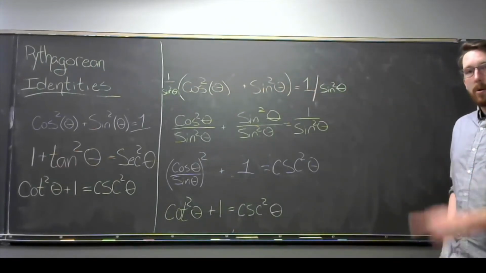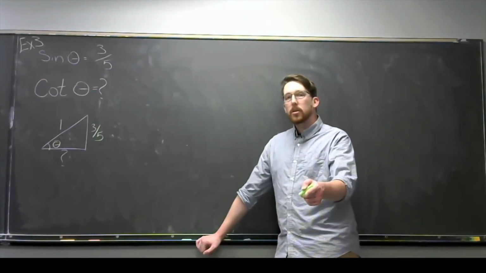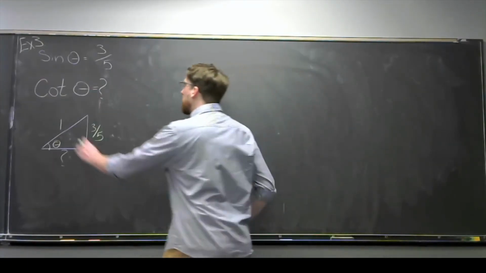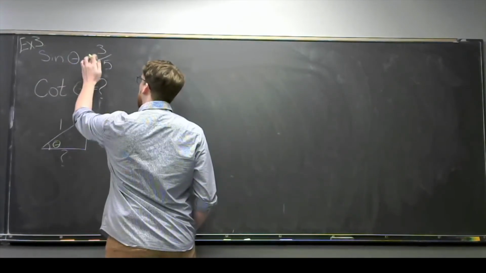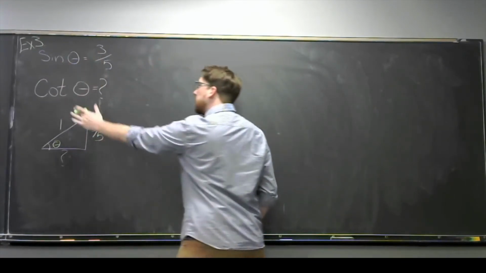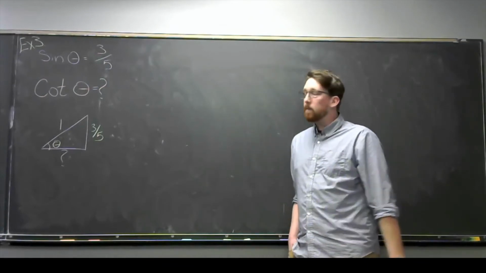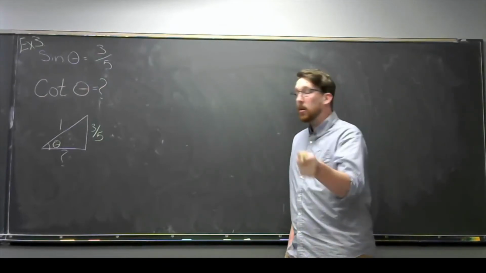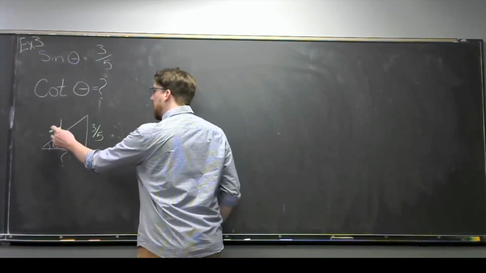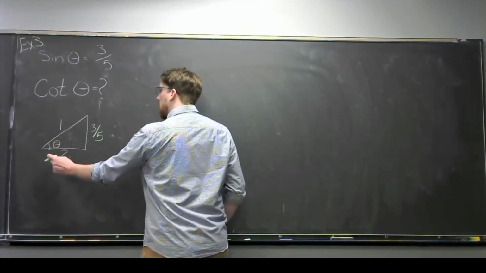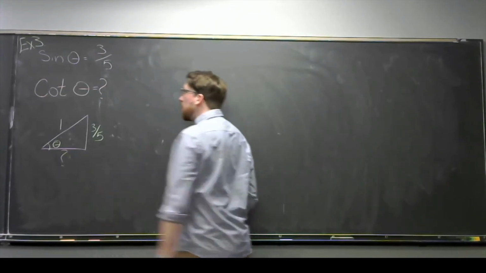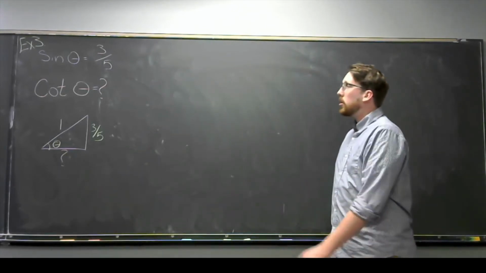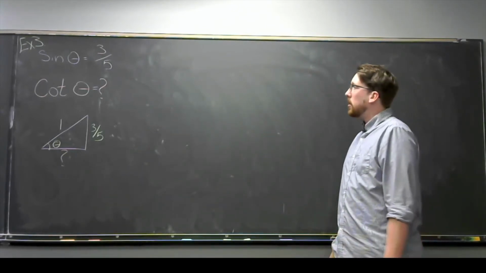Let's use them now to solve this final example. Using only the fact that sine of theta is equal to 3 over 5, we want to find cotangent of theta. And then, assuming that our hypotenuse is 1, we want to find out what the length of our adjacent leg is. So how are we going to start this?